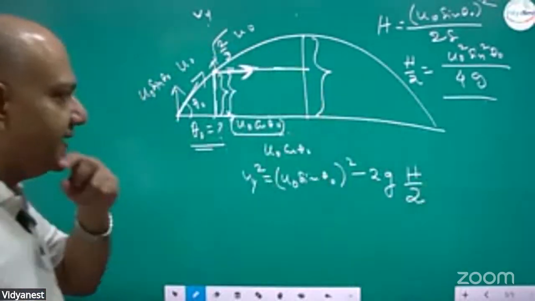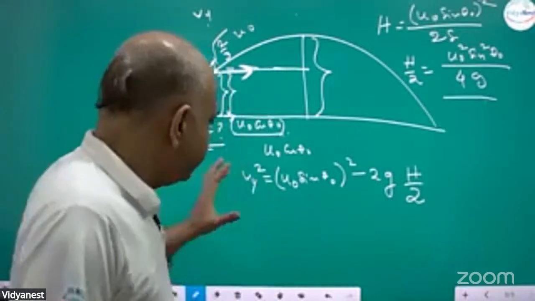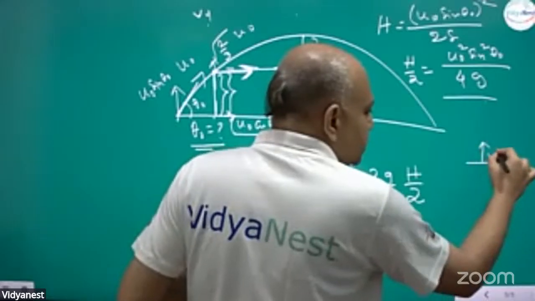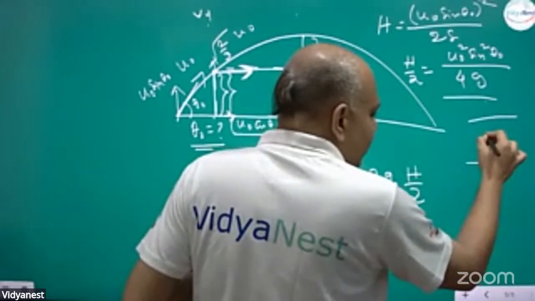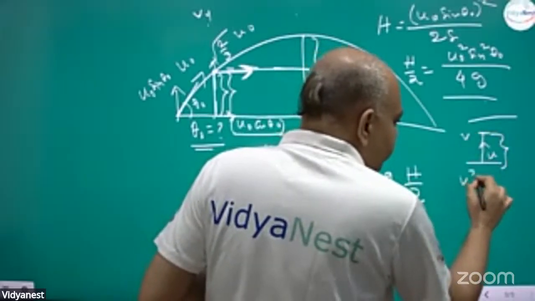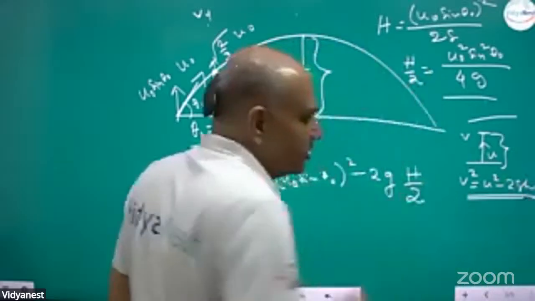Are you understanding? Tell me. Whenever I throw a particle with velocity u, if it reaches a certain height h, and the velocity at that position is v, we write v square is equal to u square minus 2gh. Yes, sir. Same formula.